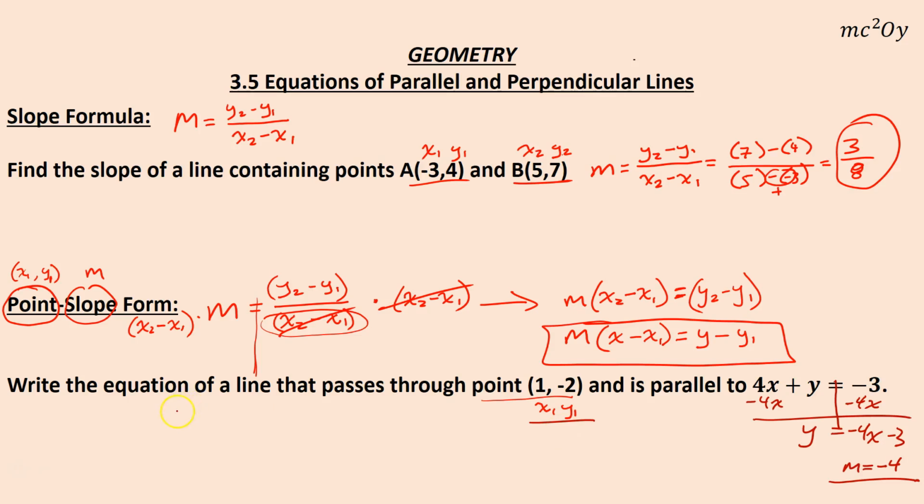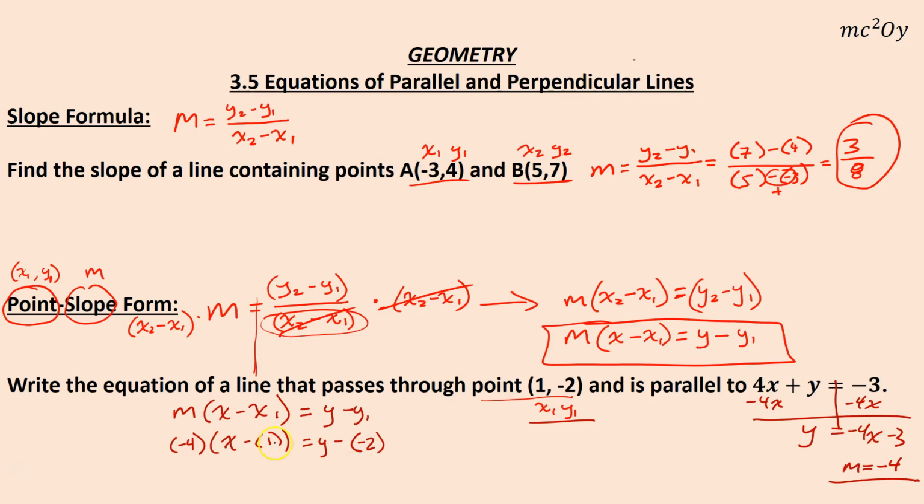So I can write my equation, m times x minus x1 equals y minus y1. Well, m is negative 4. So plug in our negative 4, x minus, well, x1 is 1, equals y minus, well, y1 is negative 2.